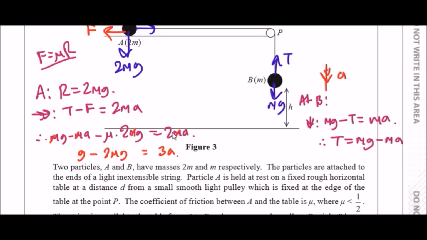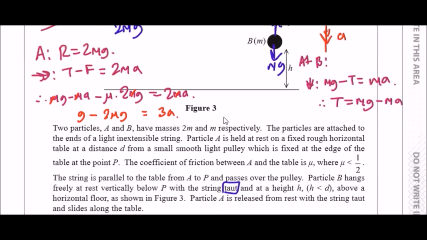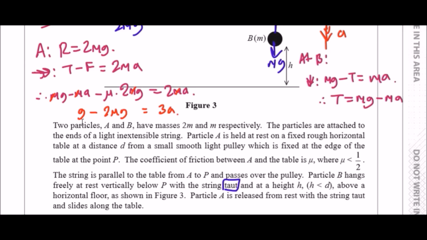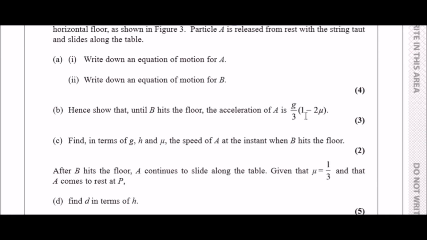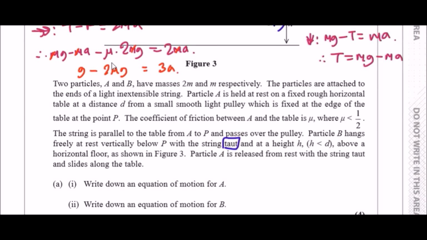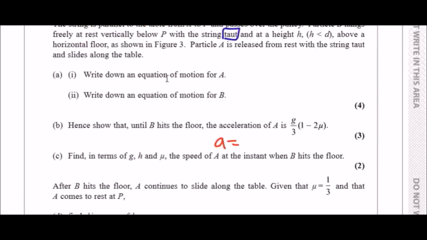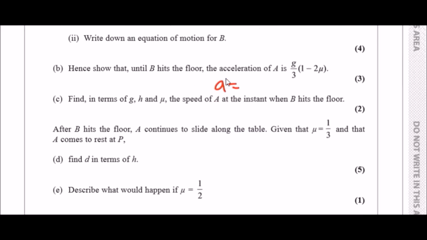So plus a across becomes 3a, and collect terms. To make a the subject, just divide by 3 and then factorize g out. So a equals, factorizing g, g over 3, 1 minus 2 mu, just like they wanted.